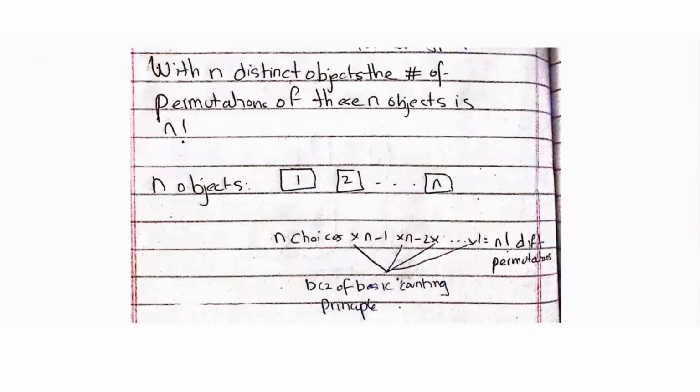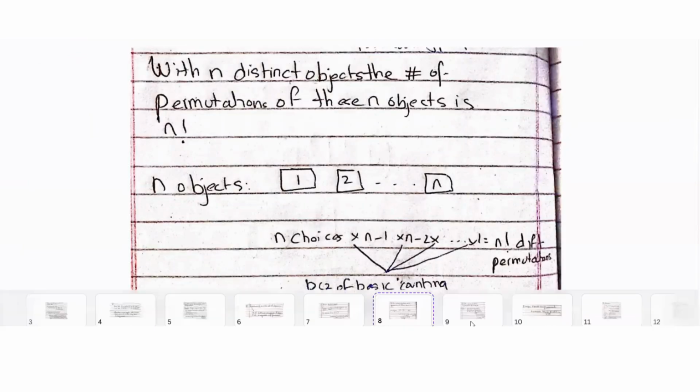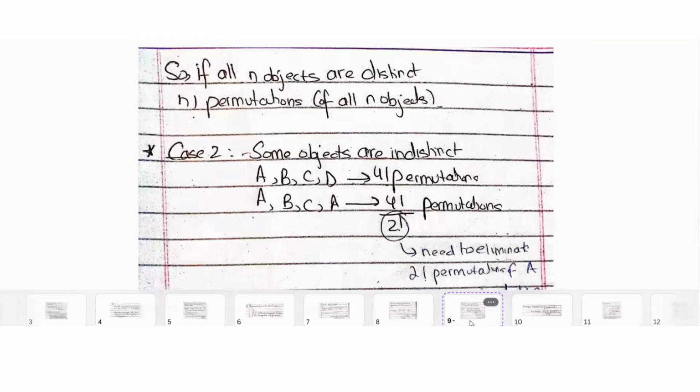With n distinct objects, the number of permutations of the n objects is n factorial. And if some objects are indistinct, then we eliminate double counting.